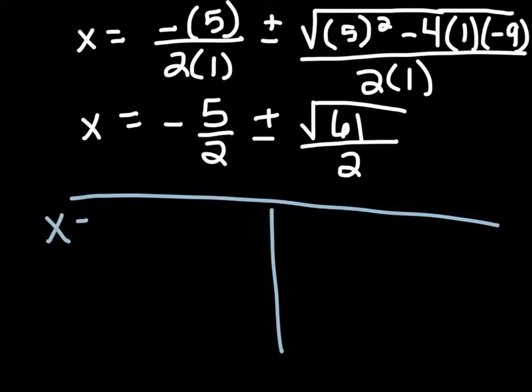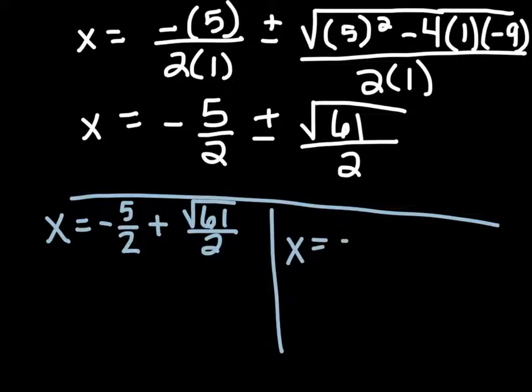So x is equal to negative 5/2 plus the square root of 61 all divided by 2. And then also x is equal to negative 5/2 minus the square root of 61 all divided by 2.